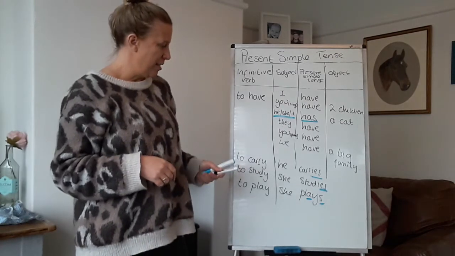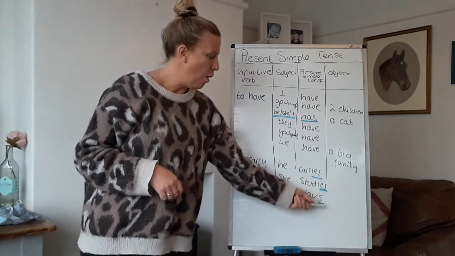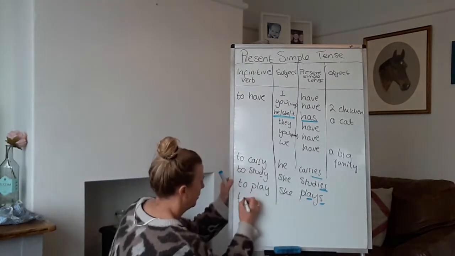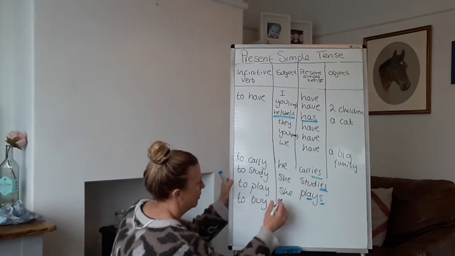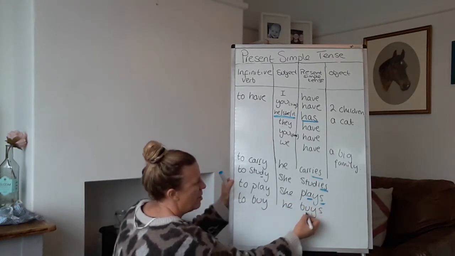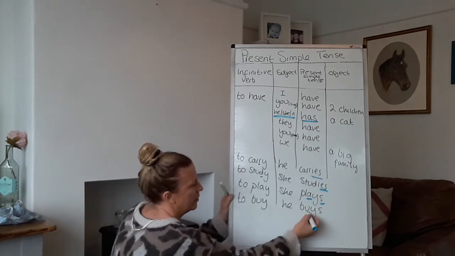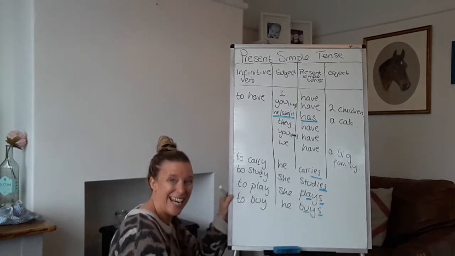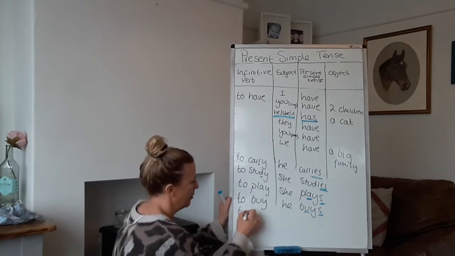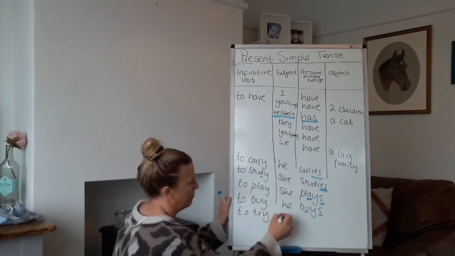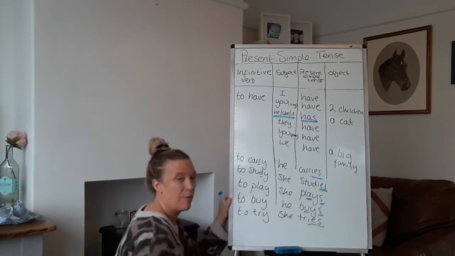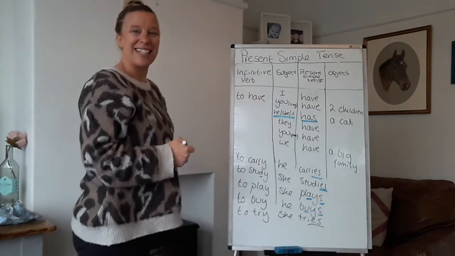So if it's vowel Y, we just add S, because there is a vowel before the Y. But if there's a consonant, so B, C, D, all the other ones, we get rid of the Y and put IES.